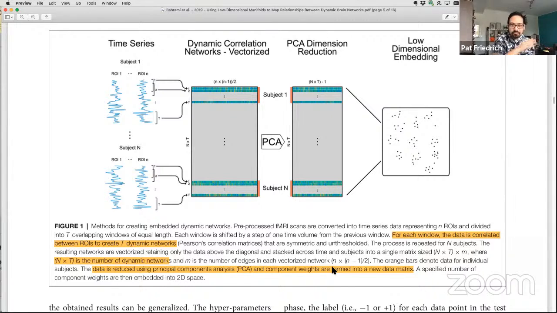What this algorithm does is that it tries not to do that, but it tries to include all the information it got. So each column here in the PCA dimension reduction figure, which I'm circling right now, is basically one of those features and one of those dimensions.